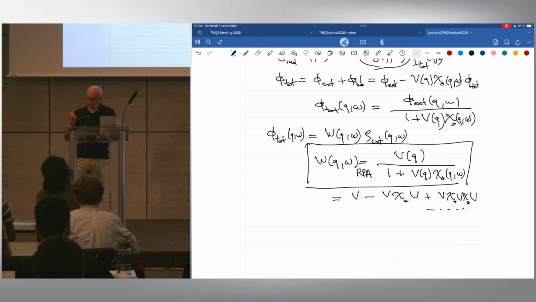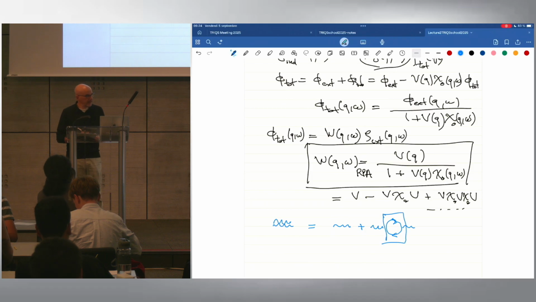And you immediately recognize, if I denote the effective interaction by, say, a thick line, that this is equal to my bare interaction minus, plus this diagram, because you've seen from previous lecture that chi naught is just this bubble, right? And the minus sign comes from the fact that there is a fermionic loop, right?